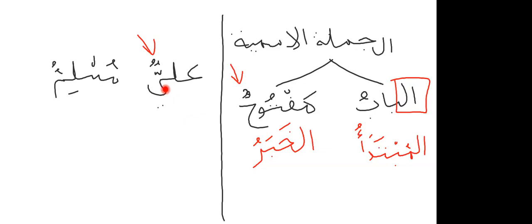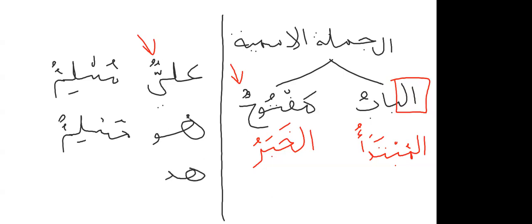So in the case of Aliyun, huwa Muslimun. I can also use something else instead of huwa. For example, I want to point to Ali and tell someone, this is a Muslim. So what do I say then? Haza Muslimun.